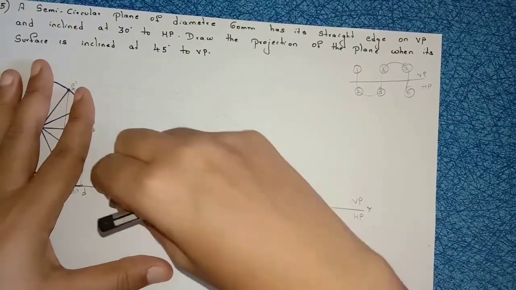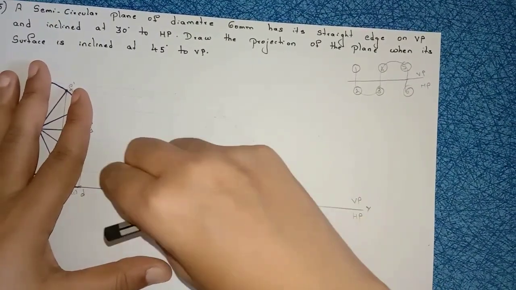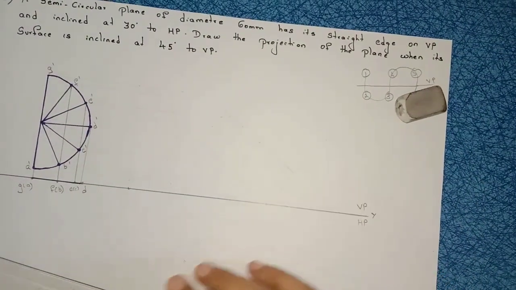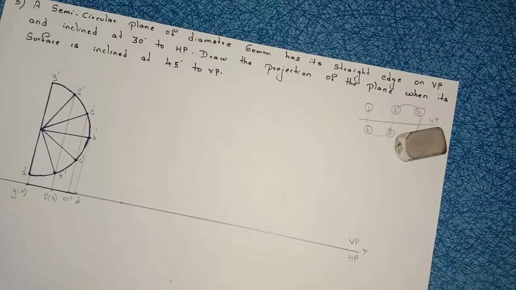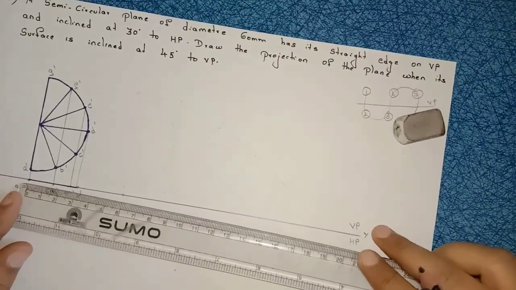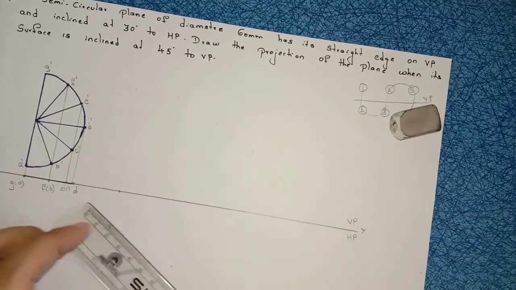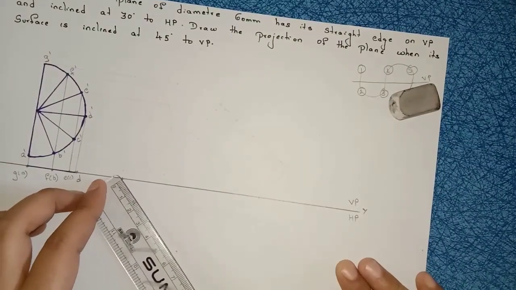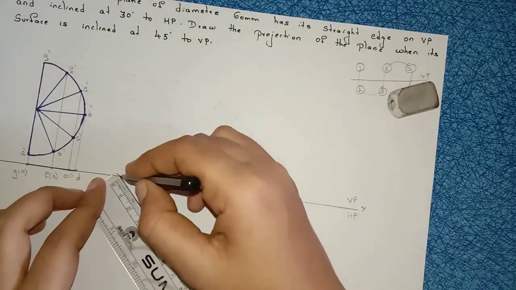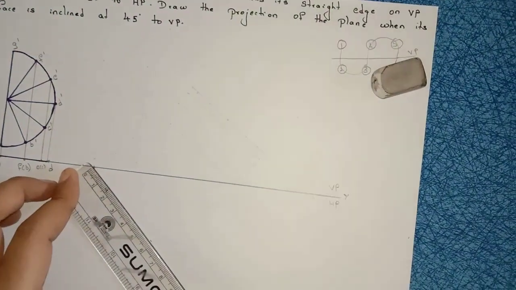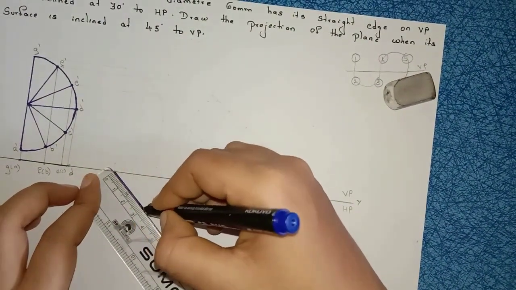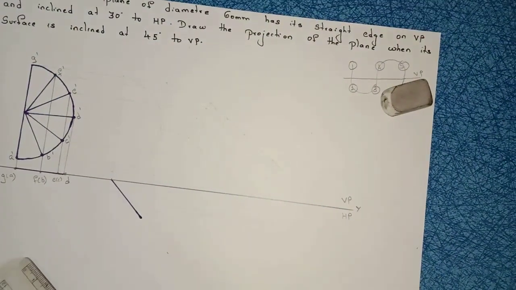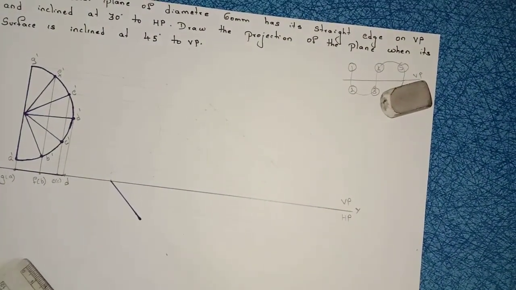So let us see how we will construct this one. So length will be how much? Length is here 30, right? So with 45 degrees, I am constructing here 30 mm, right?